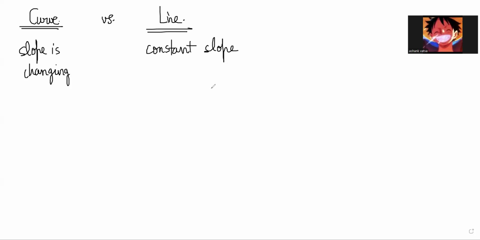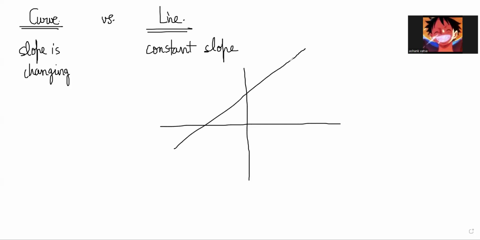For example, you can see the graph of any line. Between any 2 points, the slope is the same, because always the angle that it makes with the horizontal is the same. If the angle starts changing, then it will not be a line. It will start becoming a curve.